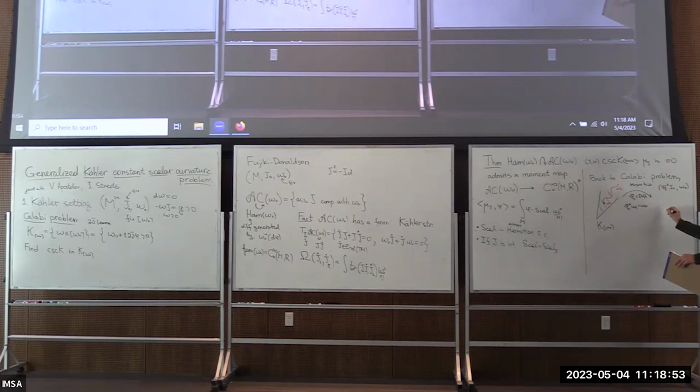Well, there is a very simple answer to this. Let me try to draw the formula again. Imagine that this is maybe my J naught, and what I do is take a Hamiltonian orbit of this J naught, with my symplectic form acting on J naught. So it's an orbit in this space, all inside of this space.